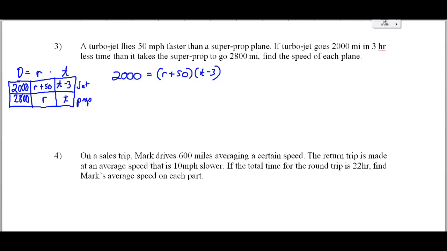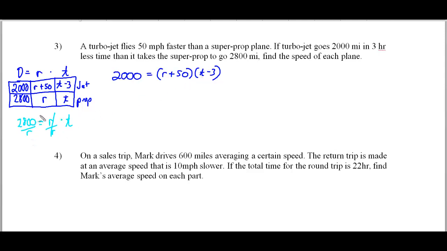Well, there is. Let me quickly change to a different color. For the prop plane, T is multiplied by R, which is equal to 2,800. Now to get T all by itself, I divide both sides by R. The R's simplify, and therefore 2,800 divided by R becomes this T value right here.